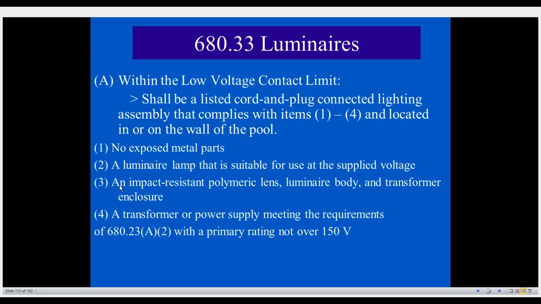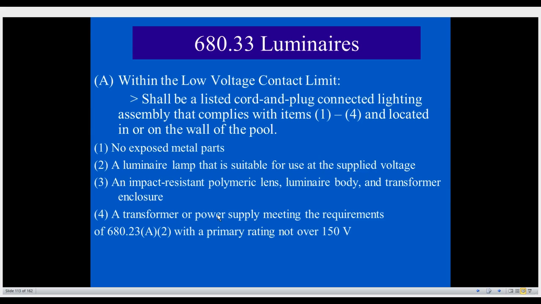So it all has to be an impact resistant polymeric material, and it applies to the lens, the body, and the transformer. So what we're doing here is we're really trying to get rid of any of these metallic parts. It's really going to be hard to do any bonding to any of that type of stuff. And again, we're not talking about permanently installed pools. So, you know, this is the kind of scope we have to look at. So it gives us some directions when we're dealing with this low voltage contact limit stuff.